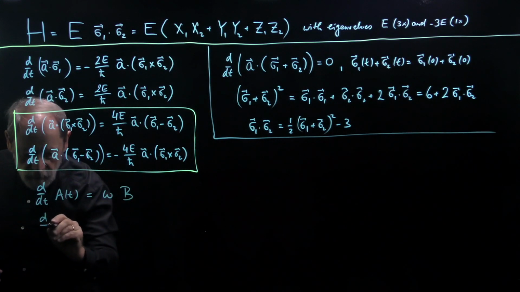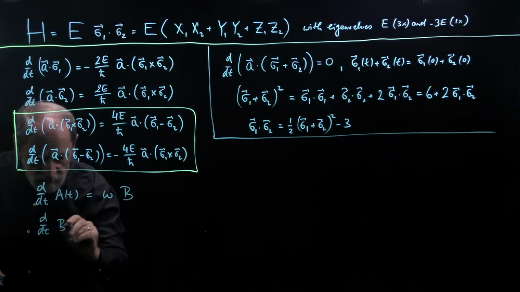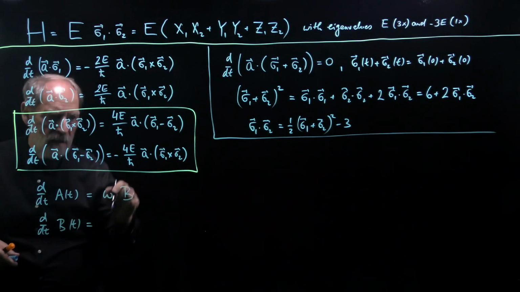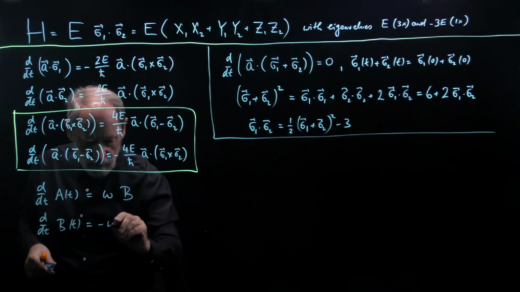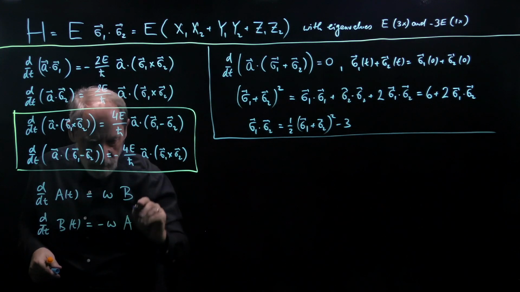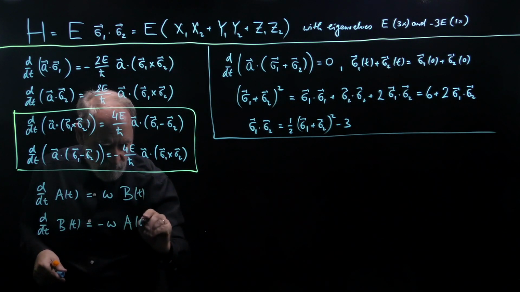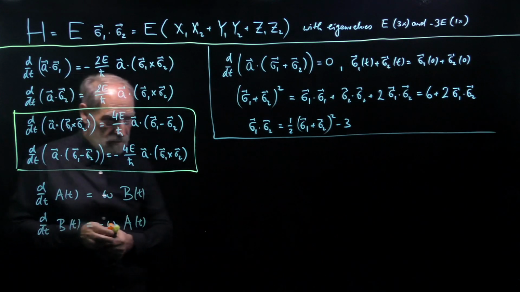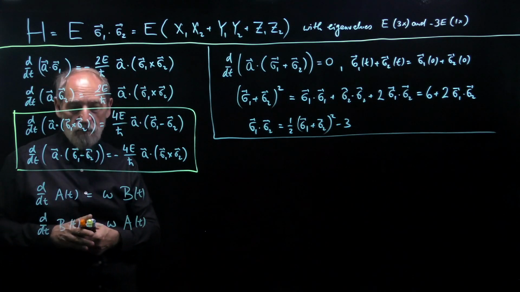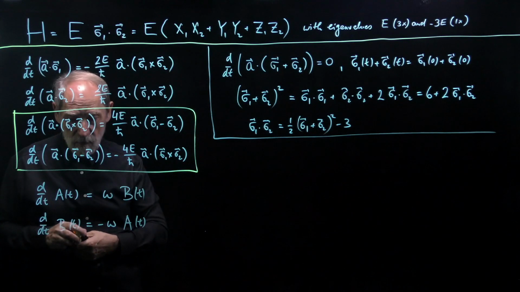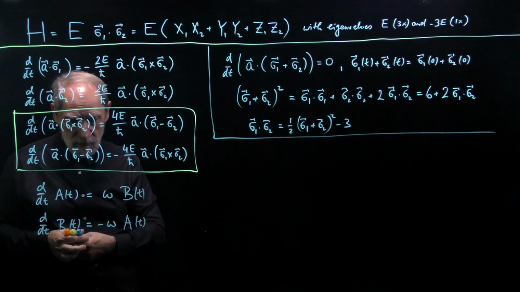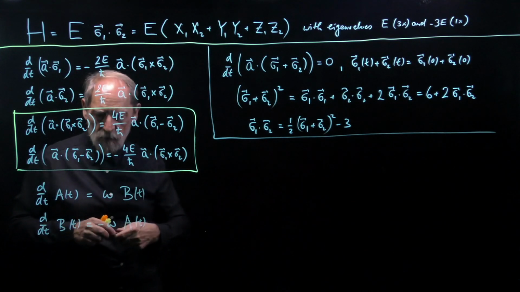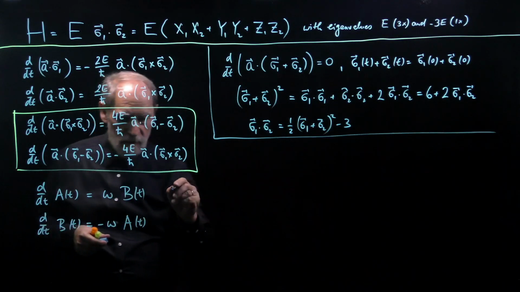And the time derivative of this second function of time is negative the same constant, times the first function of time. We have actually seen this type of equation before, and then we were looking at A plus iB to solve it, but we don't have to go through that machinery again.